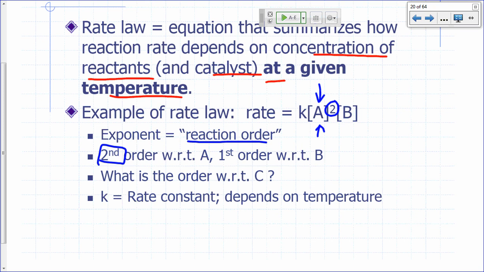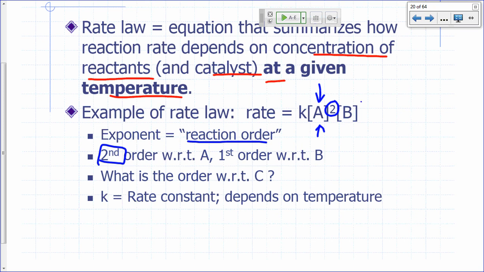It's directly proportional to the square of the concentration of A. So that means if you double the concentration of A, what is 2 squared? 4, right? So your rate will be increased fourfold. If you triple the concentration of A, what is 3 squared? 9. That makes the rate 9 times faster. That's what it means, okay?